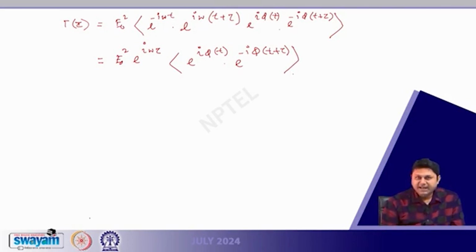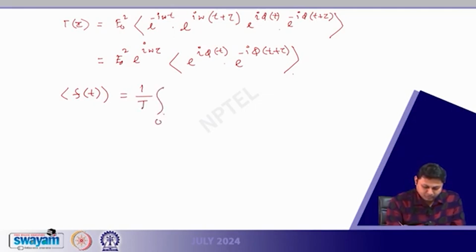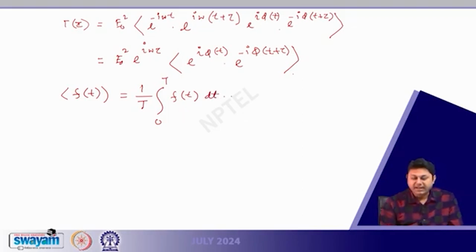Now when we have the time average of a function f of t, by definition it is 1 divided by T, integral from 0 to T, of that function dt. This is the way we make a time average.